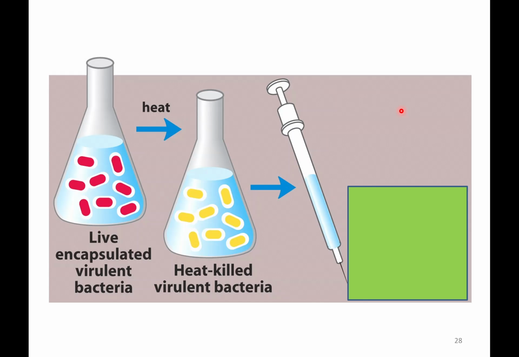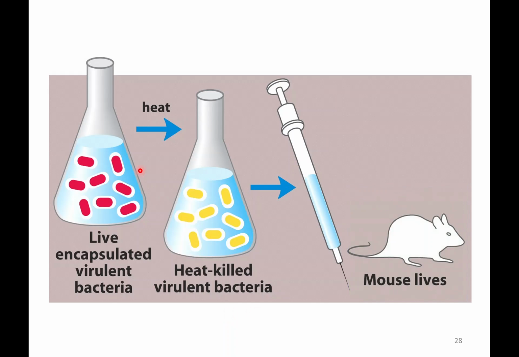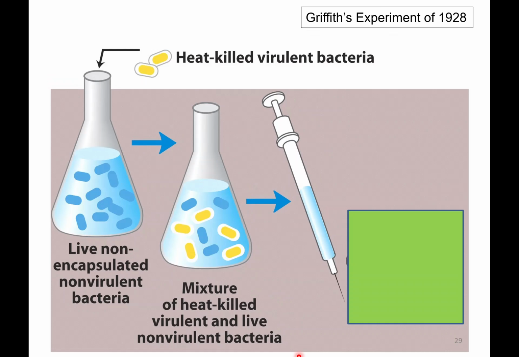So then they did some combinations of these. They would take live virulent bacteria that are encapsulated, heat them up to kill them, and then inject them, and the mouse would live, right? The bacteria now is dead, so the mouse lives. Then they did a kind of interesting experiment, specifically Griffith's experiment of 1928.